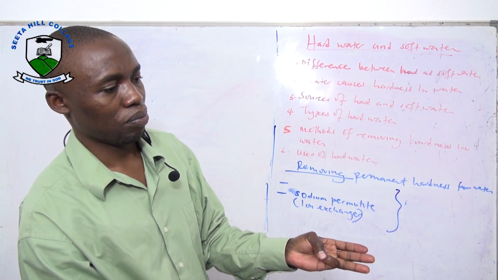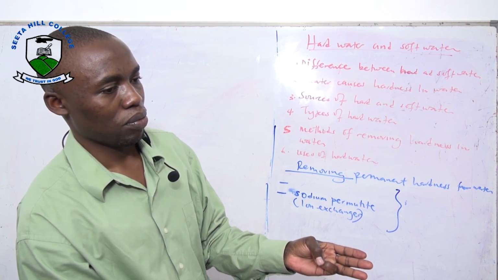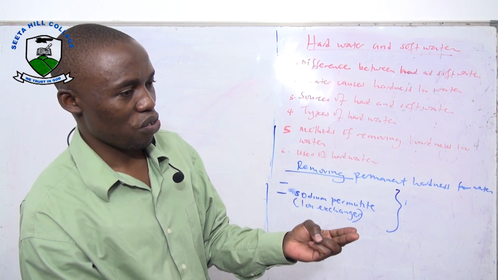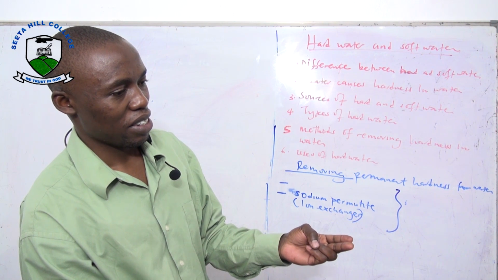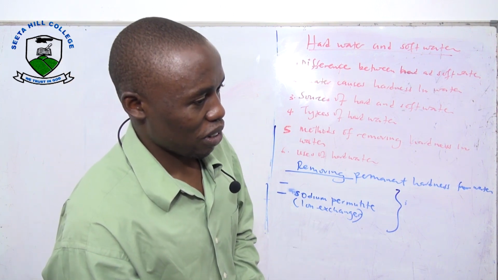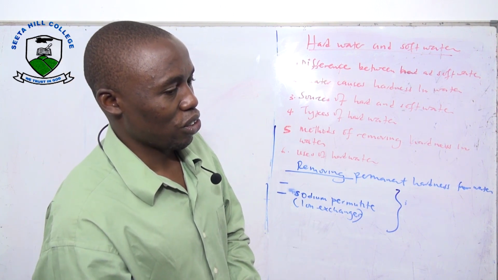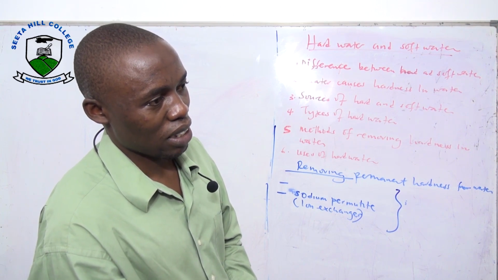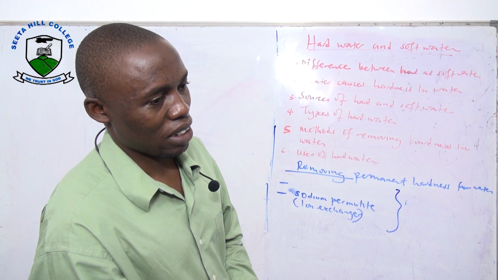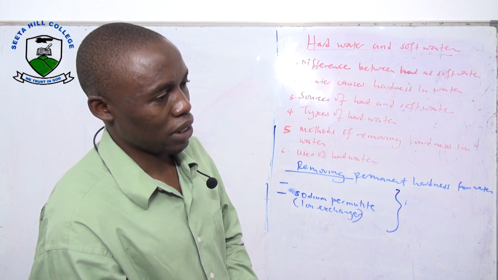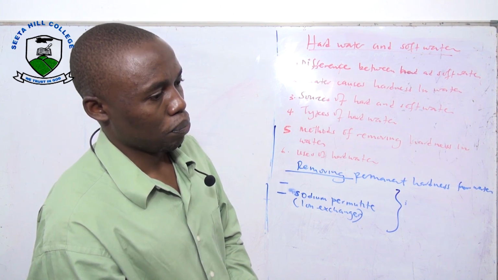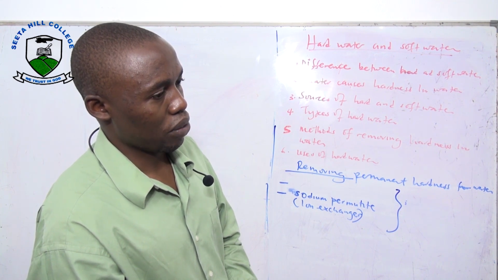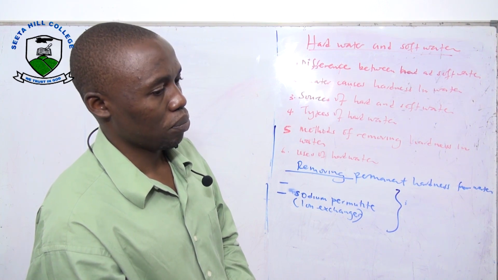It is good for drinking because it contains salts of calcium, which do what? What does calcium do to your teeth? Yes, it strengthens the teeth and the bones. Then it is used for industrial purposes like brewing.